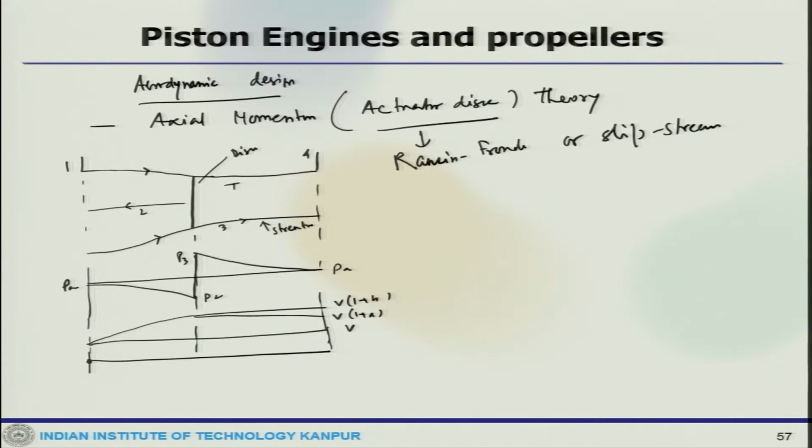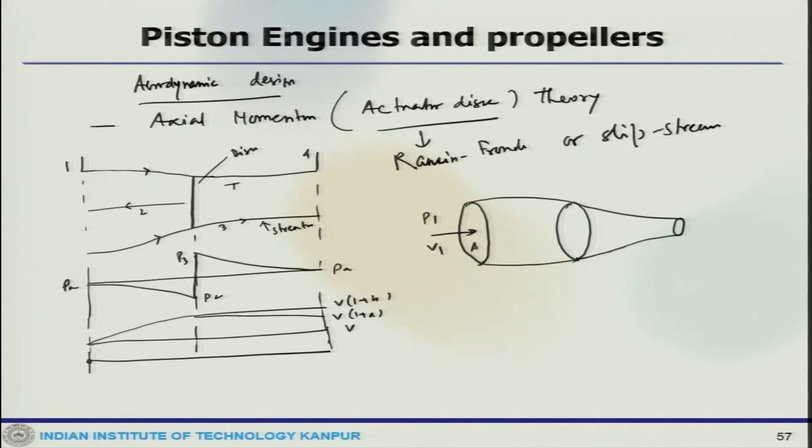And if we plot that in a slightly three-dimensional way, then it looks like this: here is the disk sitting there, and this is V1, P1, let us say this is area A1, this is 2, 3, so P2, P3, A2, A3, A4, P4, area 4.